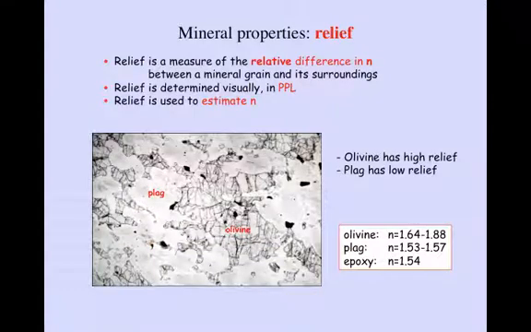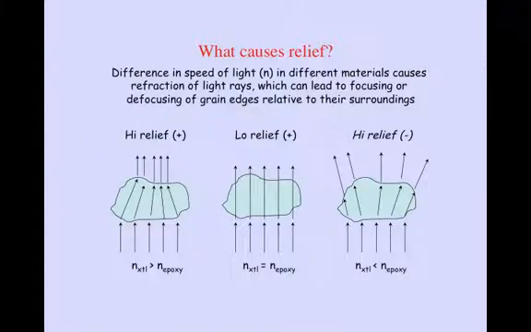If we look at the actual values for olivine and plagioclase, you see that plagioclase has a refractive index very close to that of the epoxy that this is mounted in, and the olivine has a much higher refractive index compared to the epoxy. So we're looking at differences in the way that the light is refracted through the minerals.